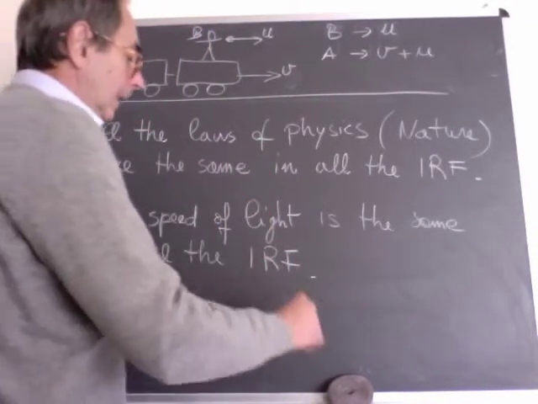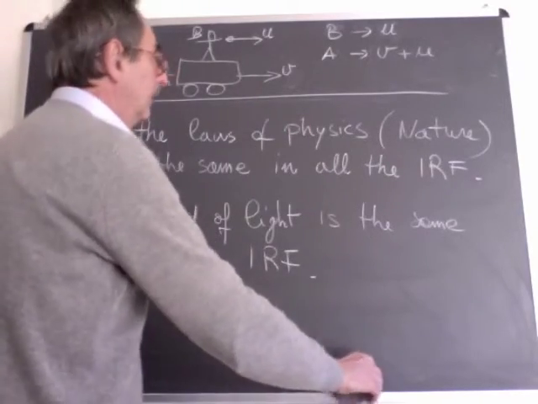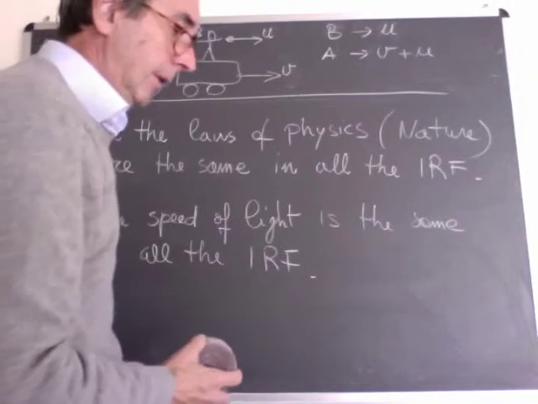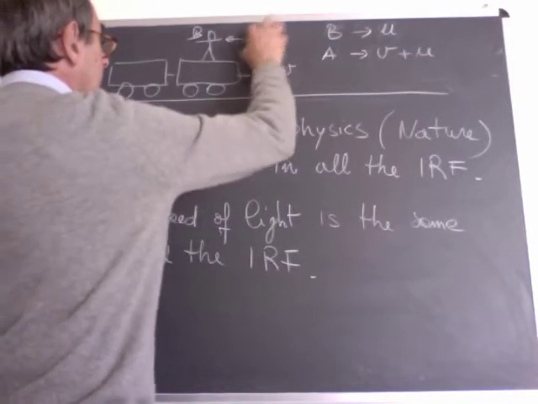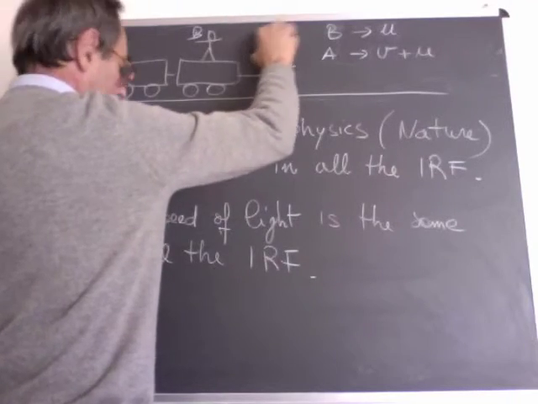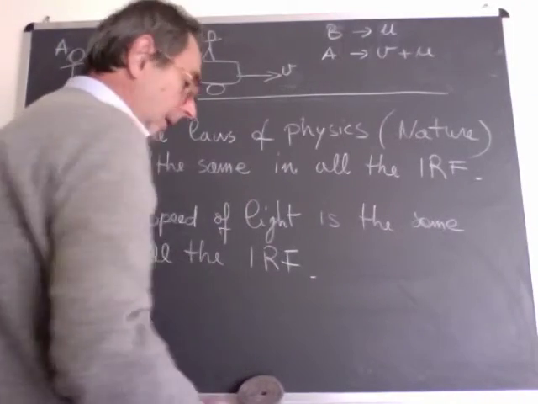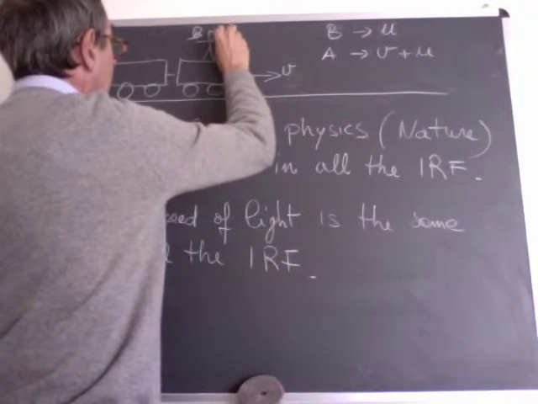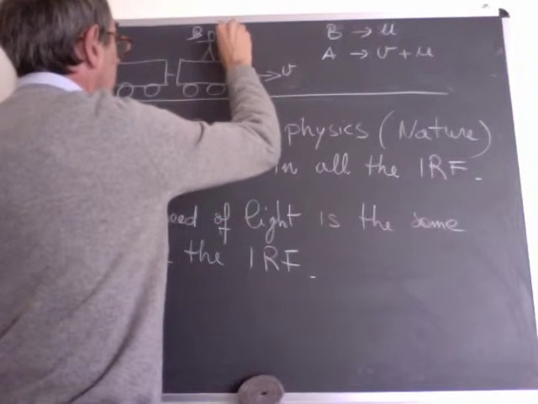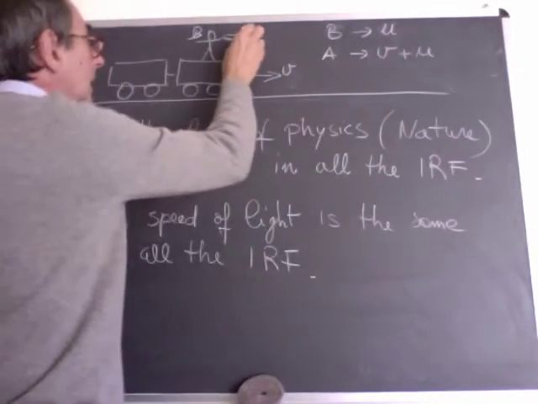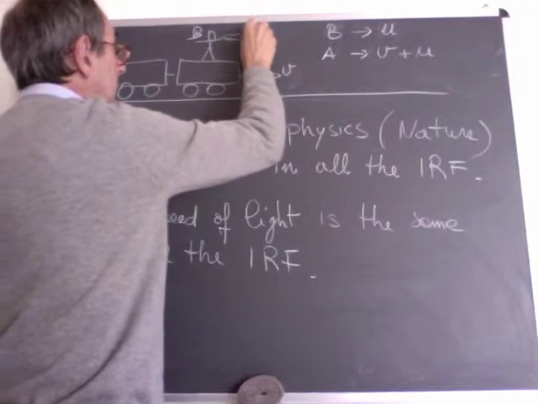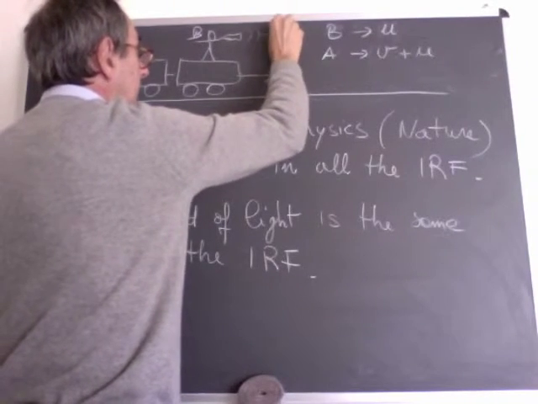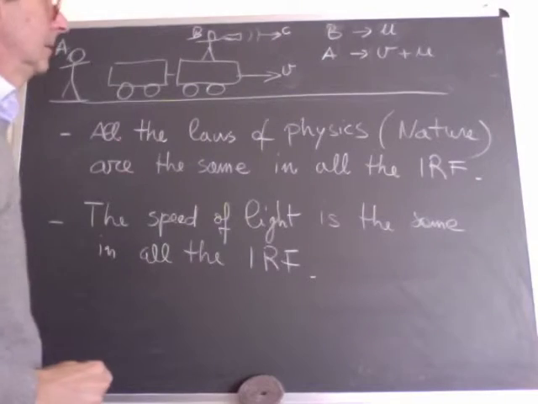Suppose now that Mr. B, instead of throwing a stone with velocity u, turns on a bulb or a torch, emitting light with the proper speed of light c.